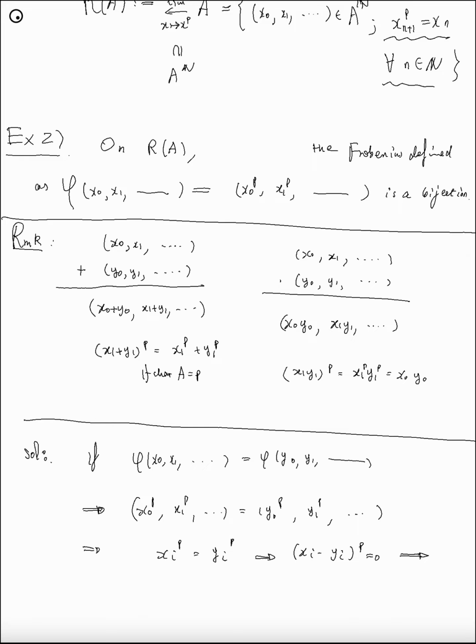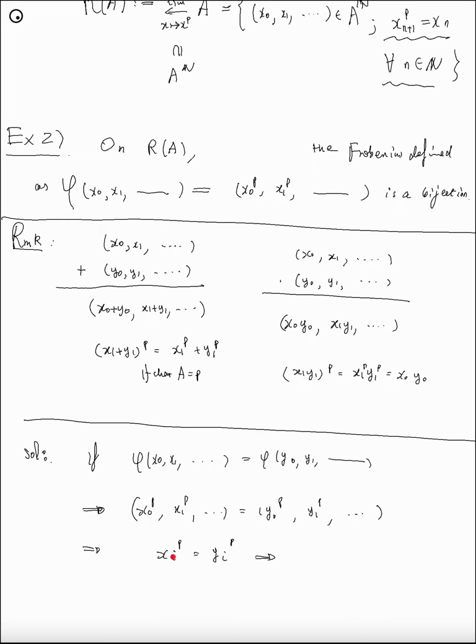if you assume this A is reduced, then this tells you this is zero. But we don't assume this is reduced. And then what can we say?